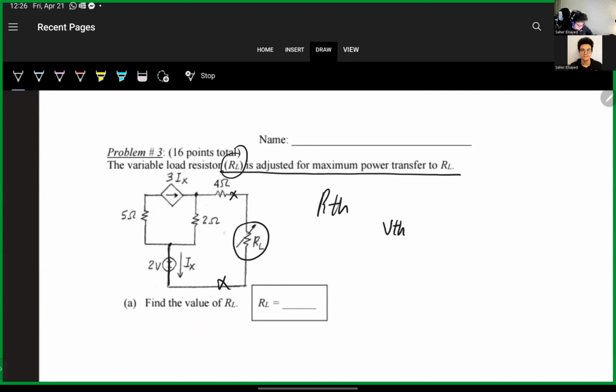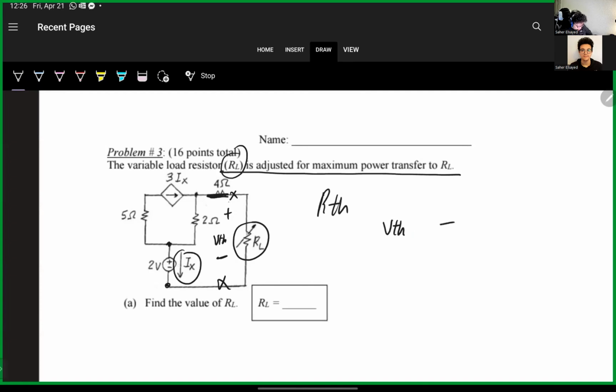What is V Thevenin? V Thevenin here is the voltage across this. So you cut this, you find the voltage across here. Okay. If this is open, this is shorted, right? So the voltage here is 2 volt from here to here. And so Ix is 0, right?